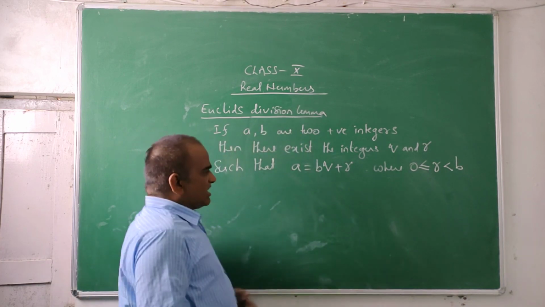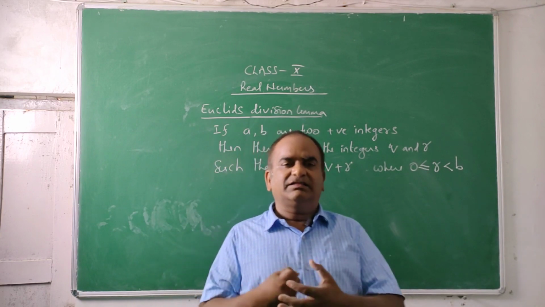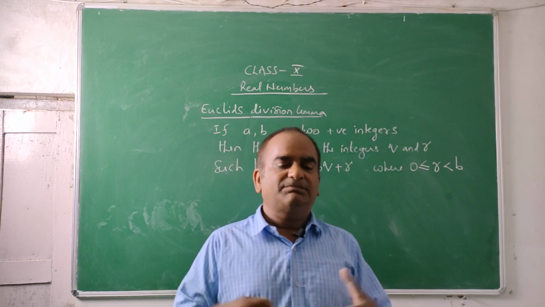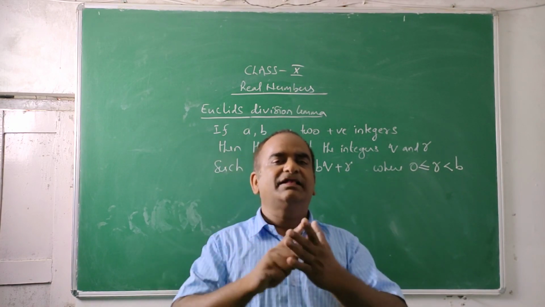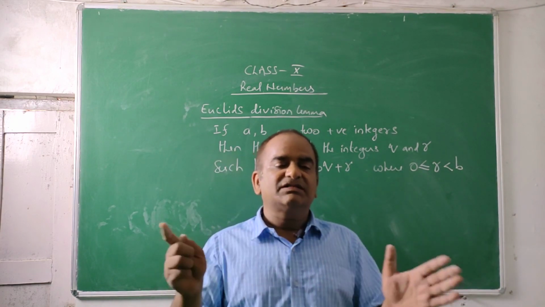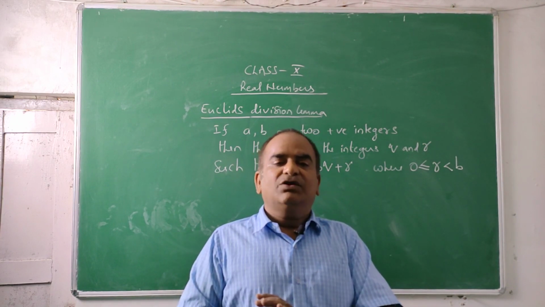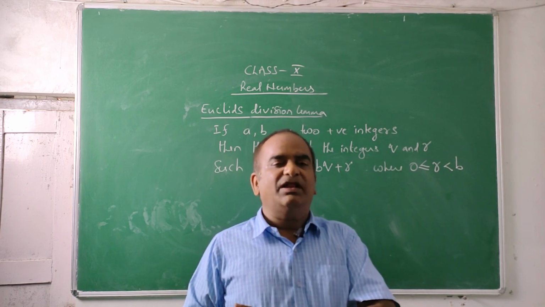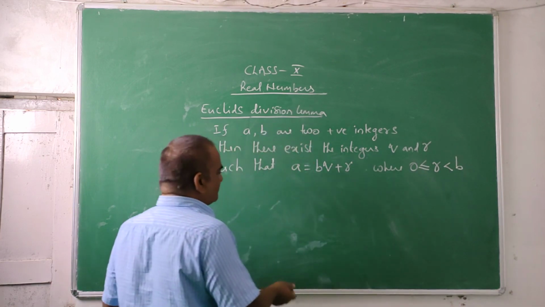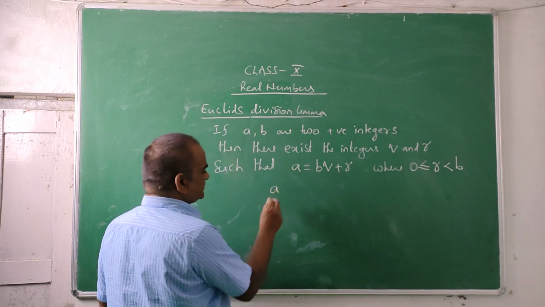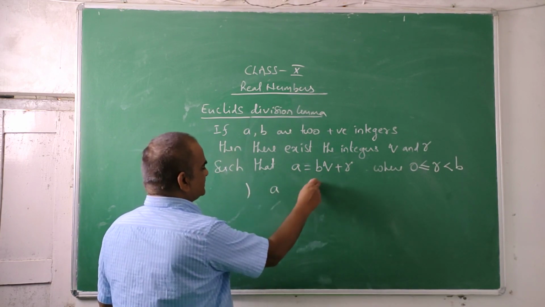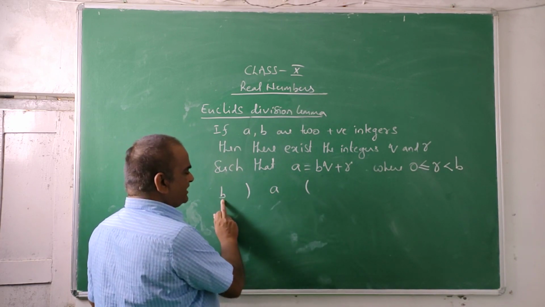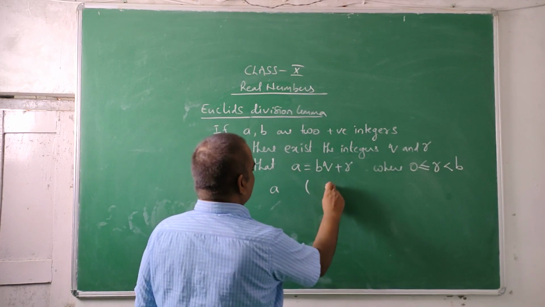See here, what Euclid is trying to explain is the division process verbally using words and symbols. It is after all the division only. A is a positive integer. When you divide A by B, there will be some quotient.